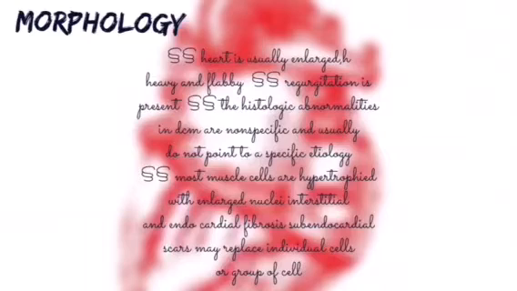The third point is histologic abnormalities in dilated cardiomyopathy are non-specific. They have no specific features to identify. Fourth one, most muscle cells are hypertrophied, not only heart muscle, with enlarged nuclei, and interstitial and endocardial fibrosis.